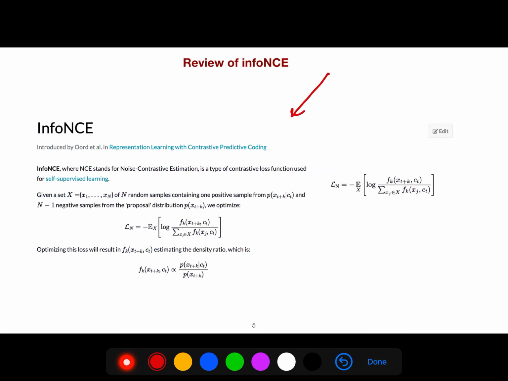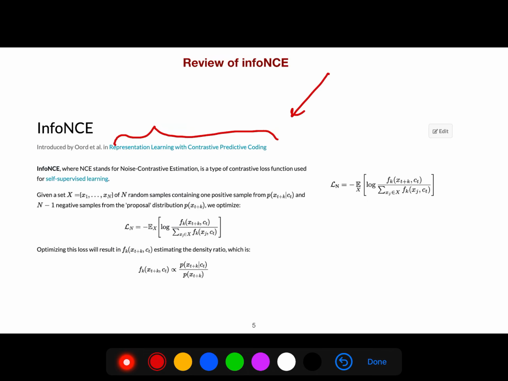So here we quickly review InfoNCE, which was in this paper that I explained in a different playlist, Representation Learning with Contrastive Predictive Coding. NCE stands for noise contrastive estimation, a type of contrastive loss function used for self-supervised learning.